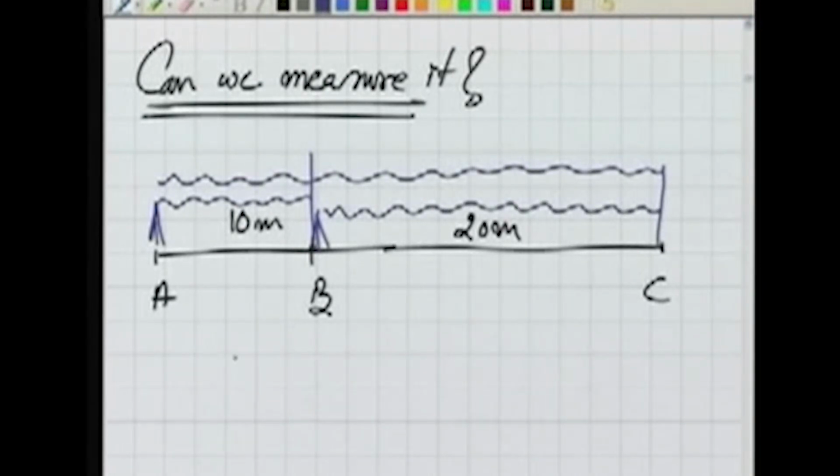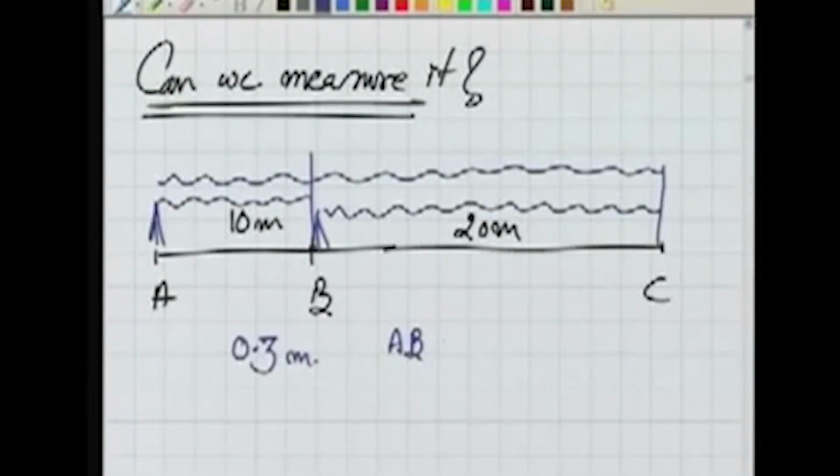Let us say the zero error, as we are talking about, is 0.3 meter on the positive side, because the zero error will always have one direction and a constant value. If it is so, what will happen?